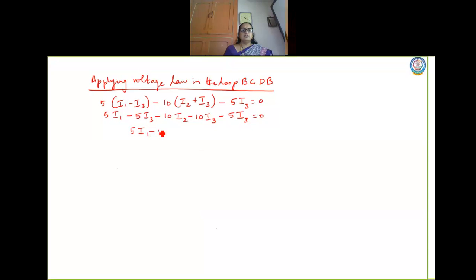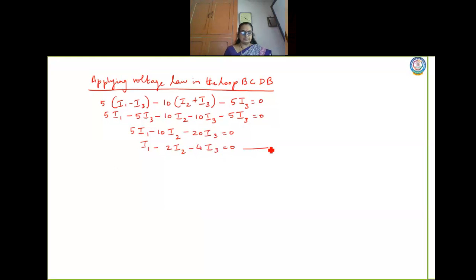I2 also I have only one term, so it is minus 10I2. Now here, I3, I have minus 5I3, minus 10I3, minus 5I3. So minus 5, minus 10, minus 15, minus 20I3 equal to 0, children. Now divide this. So I have I1 minus 2I2 minus 4I3 equal to 0.